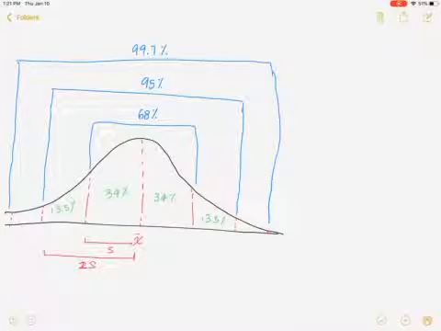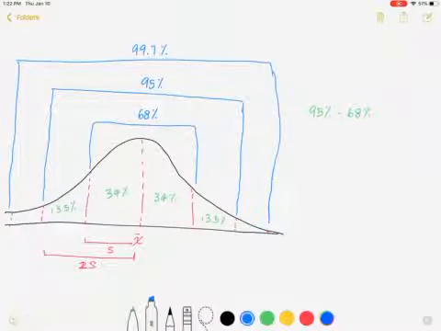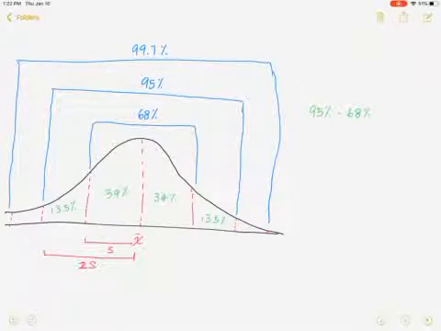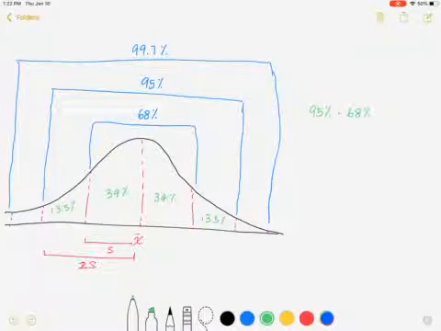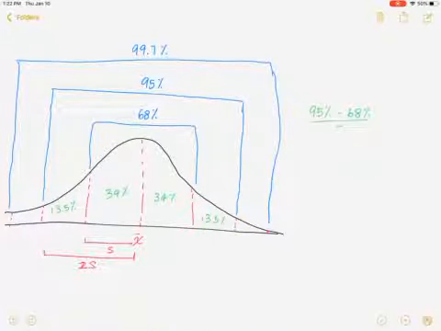I simply use 95% minus 68%. That will give me these regions. I didn't highlight the graph because I do not want to mess it up, but these are the corresponding regions. Then I divide by 2 to finally get 13.5%.